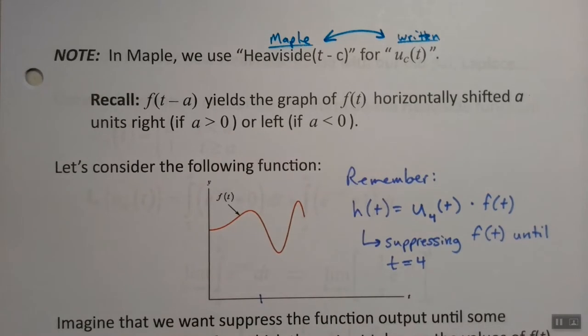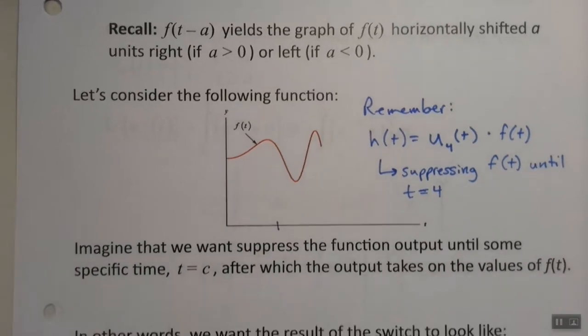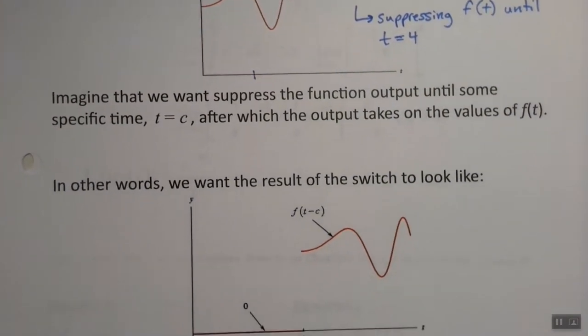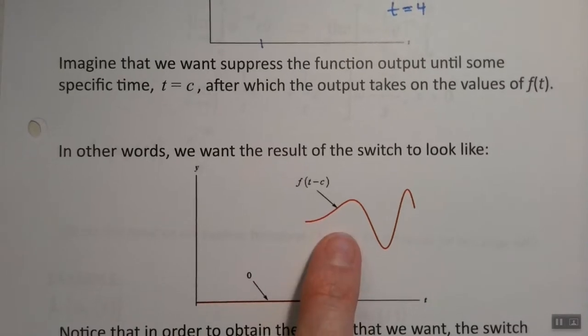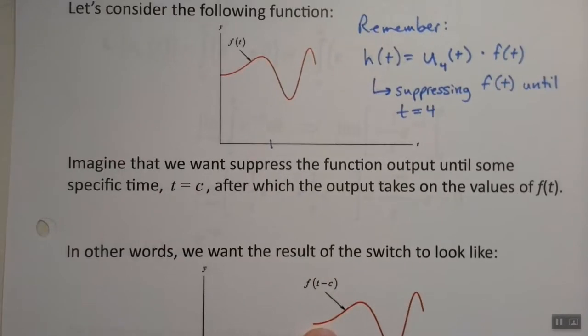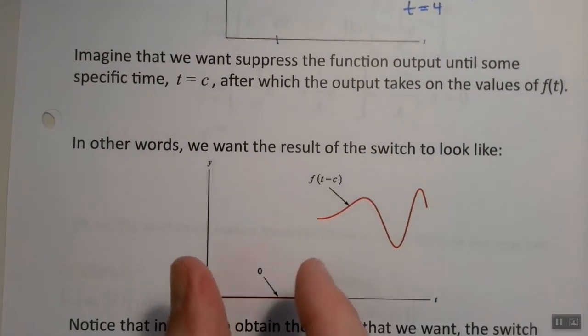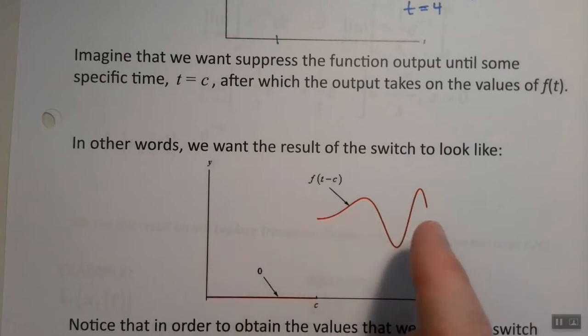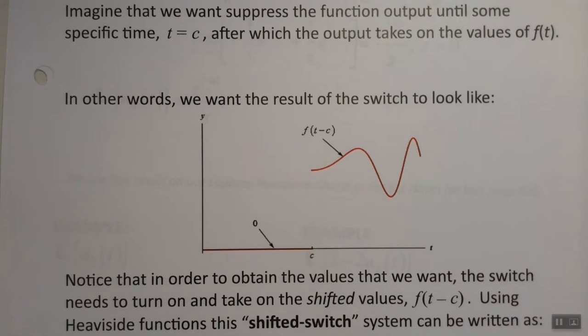What I want to be able to do is suppress the function output, but also shift it to the right. So down here on the bottom, what I want to be able to do is take that same graph, it's the exact same graph as above, and suppress things and then shift the graph to the right. And the way to do that is to use what's called a shifted switch.